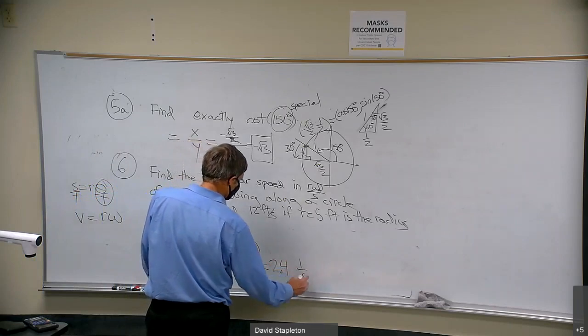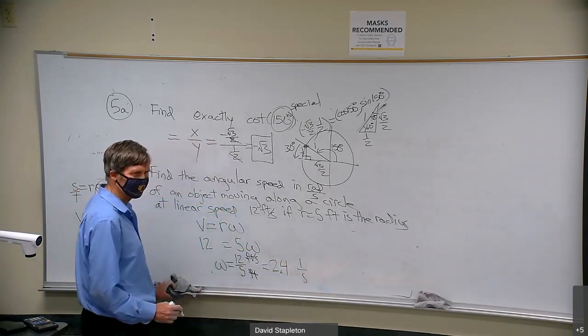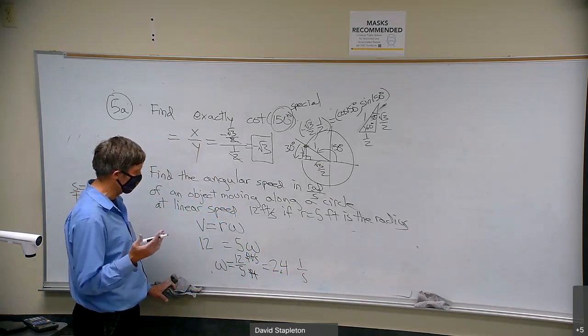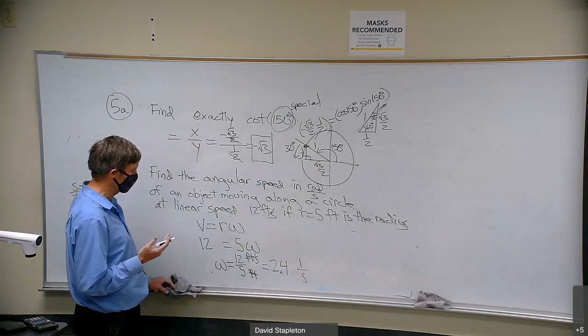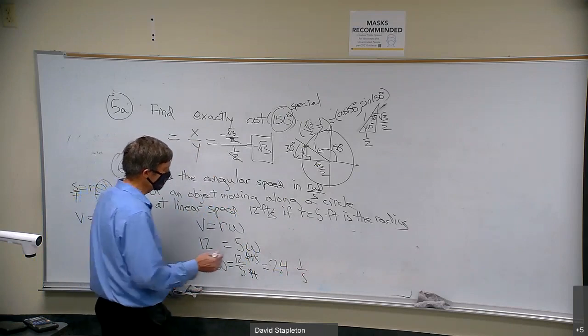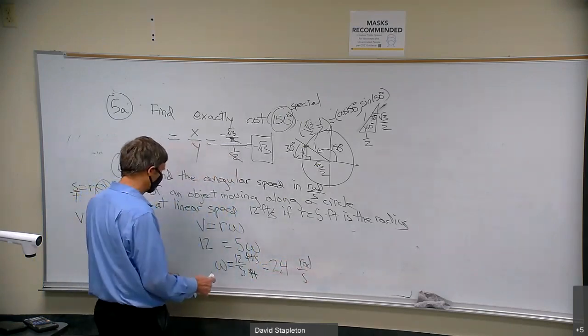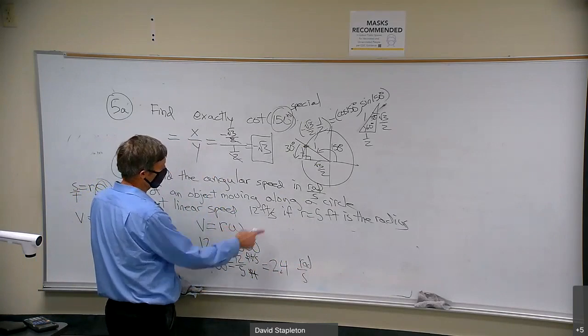2.4 per second. What does per second mean? I just point out that in your literature, you sometimes find angular rates of change in per second. What does that mean? Radians is unitless. It means radians per second, right? You can think of omega in radians per second. That's what we wanted.